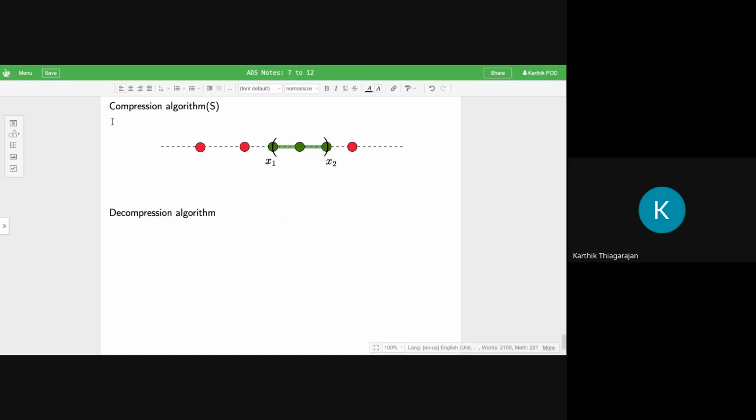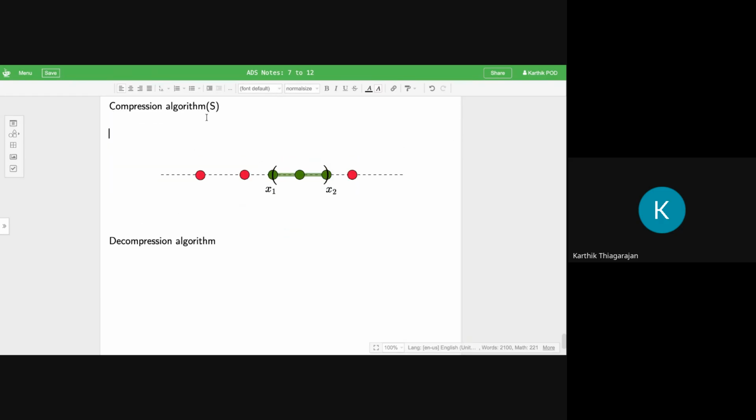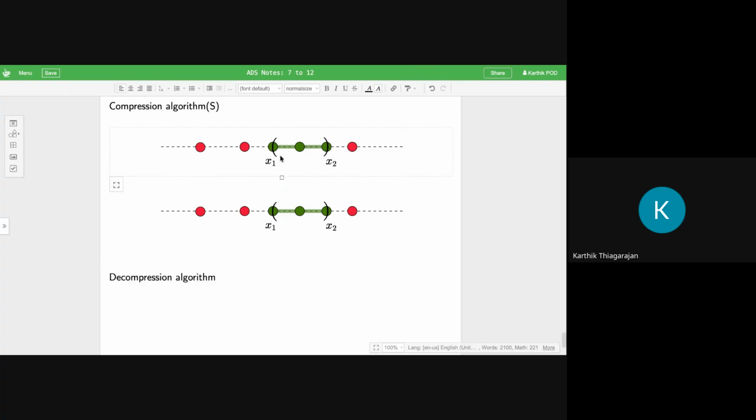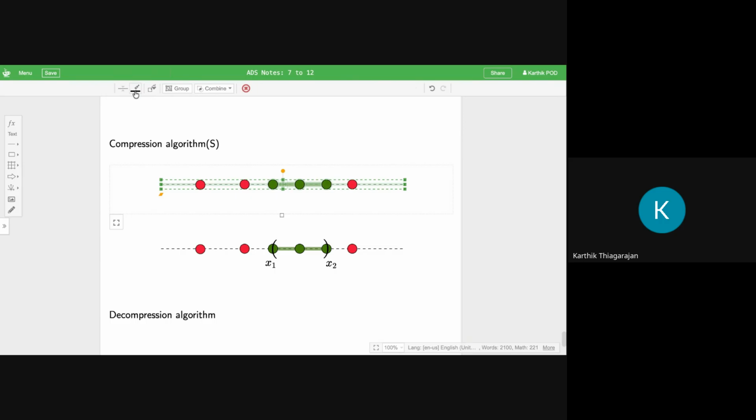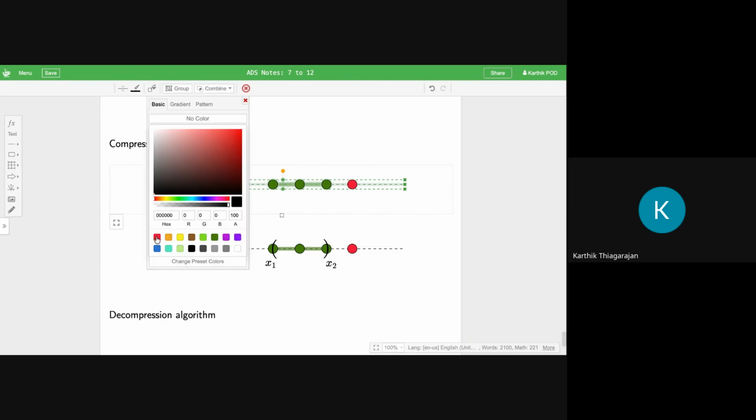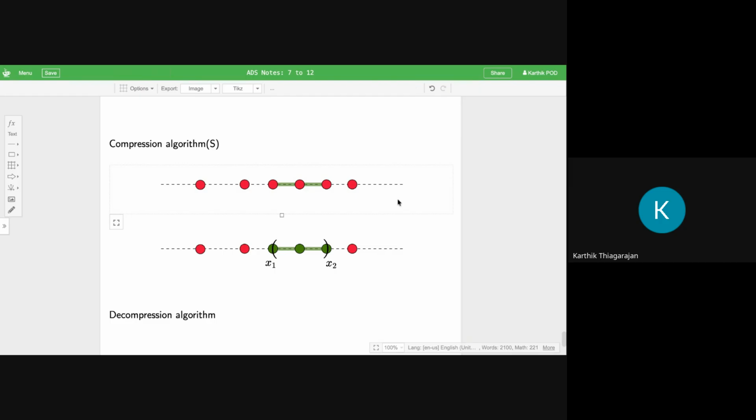So I'll take this. Assume for a moment that all of them are red. So let me turn the whole thing red for a moment. The line will also turn red, but that's fine. So what do you do in this case? This is one subcase of the algorithm.